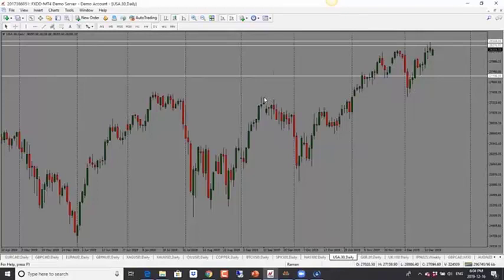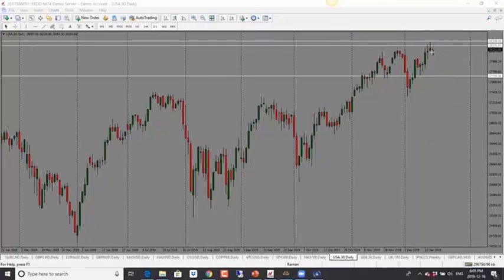Okay, so here we are looking at Dow Jones. Dow Jones is not looking terribly bullish here. We do have a pin bar, and if price stays below 28,280, I will look for a drop here. So this one could turn because it's kind of been stuck at this level for some time.